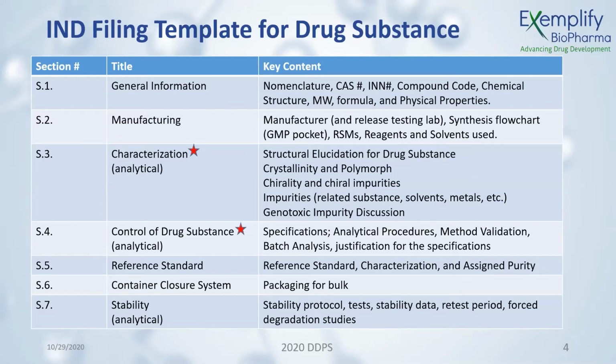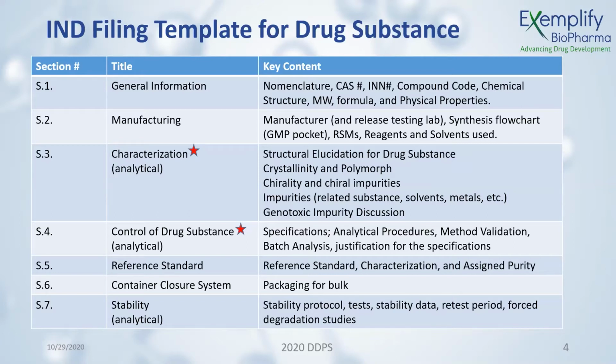The second part is quite heavy: the manufacturing process. It includes your CROs, CMOs, and your synthetic flow chart, which we call the GMP route, starting from your regulatory starting materials, the RSM. If your synthesis has 18 steps because you are using a medchem synthesis, you don't necessarily need to include all 18 steps in your filing.